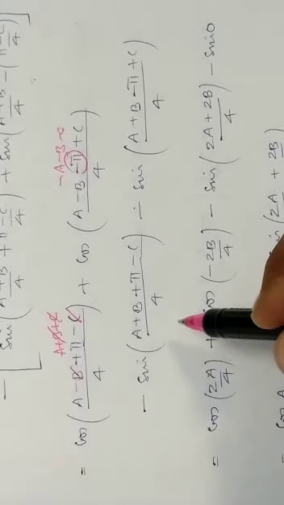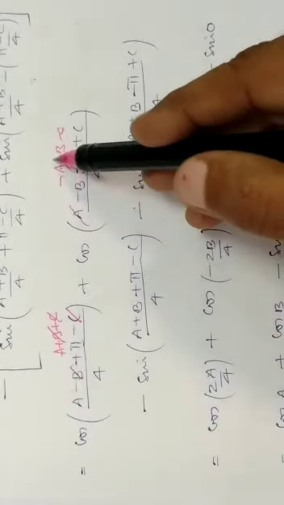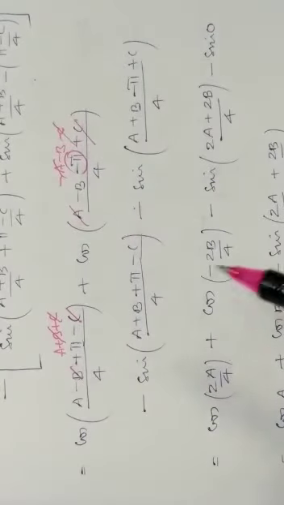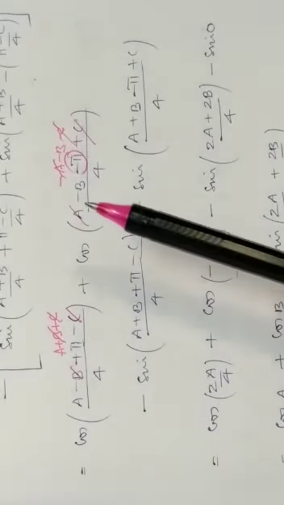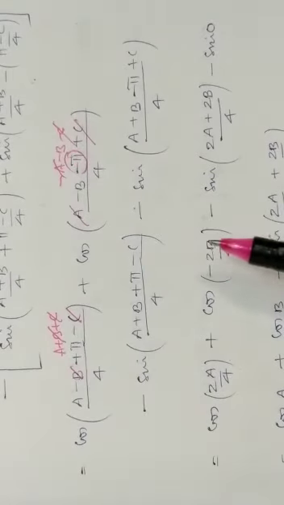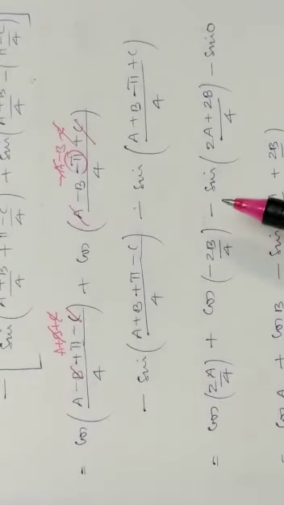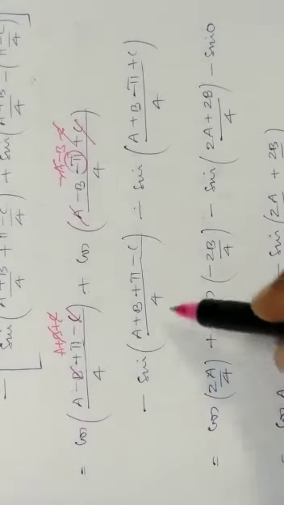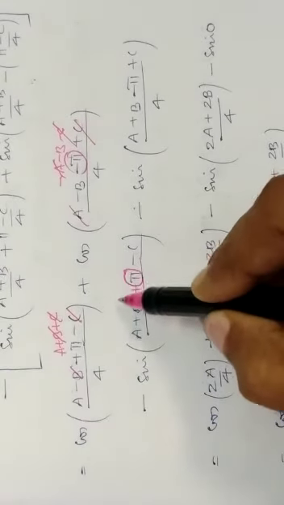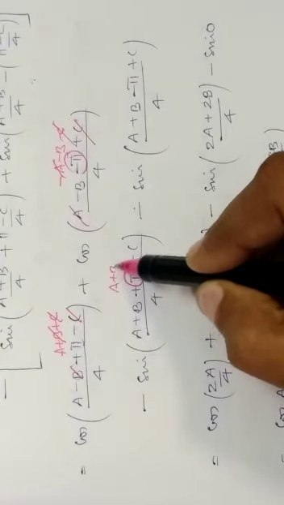Which terms get cancelled? Plus a minus a gets cancelled. Plus c minus c gets cancelled. What are the remaining? Minus b minus b, minus 2b by 4. Minus sin. What is pi? In the place of pi, we can write a plus b plus c.